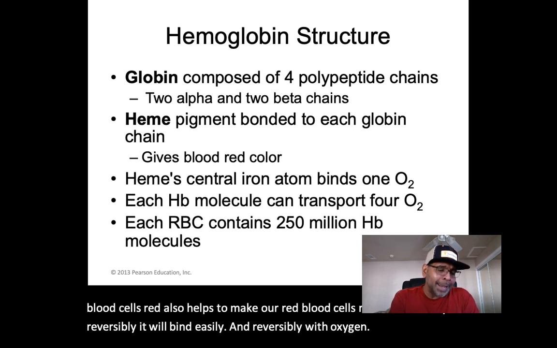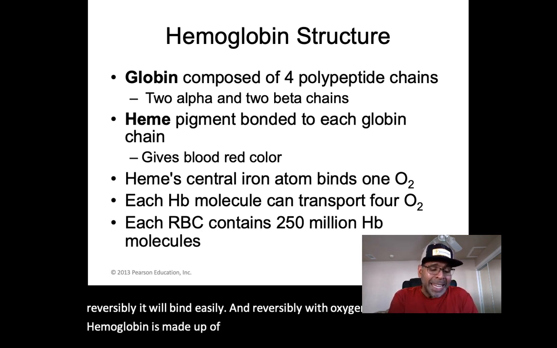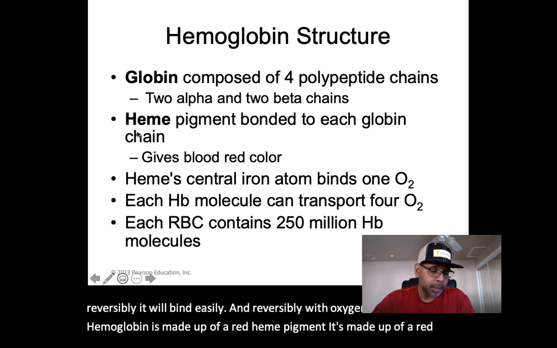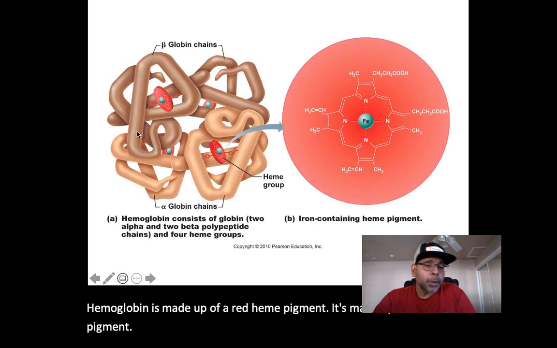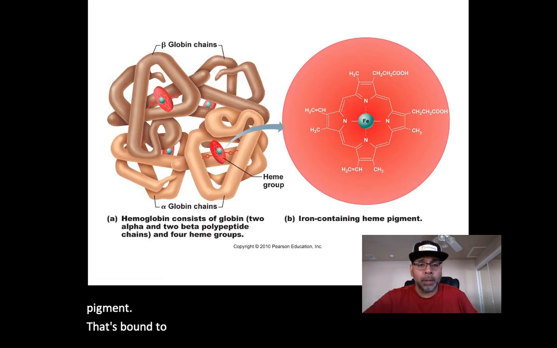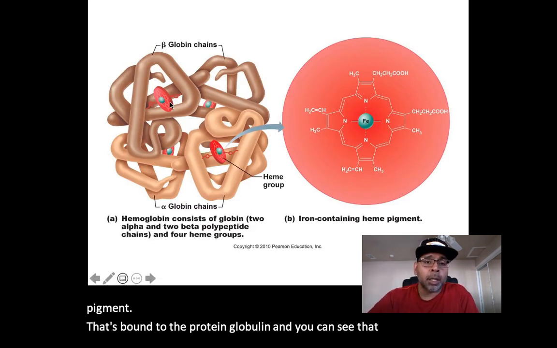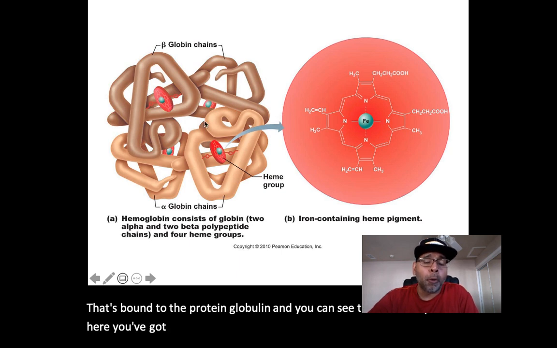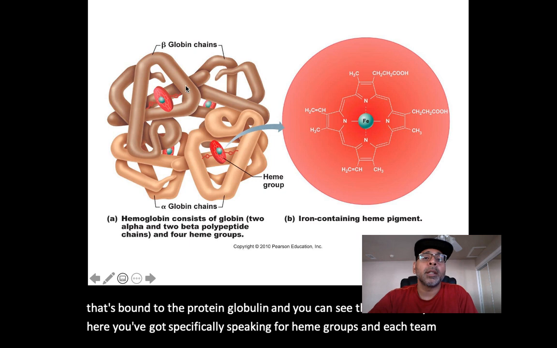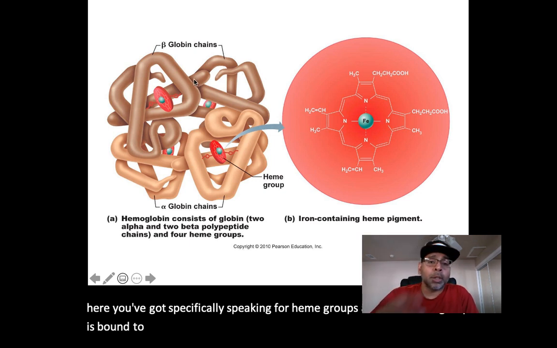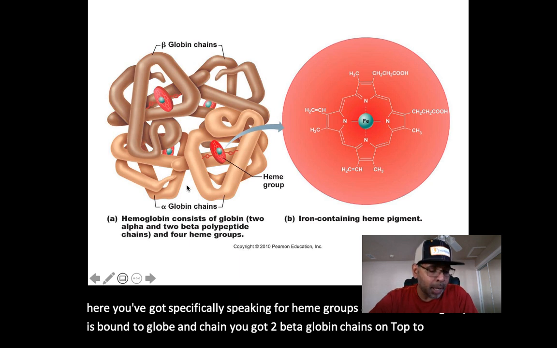Hemoglobin is made up of a red heme pigment that's bound to the protein globin. You can see that here very well. Specifically, you've got 4 heme groups, and each heme group is bound to a globin chain. You've got 2 beta globin chains on top, 2 alpha globin chains here on the bottom.